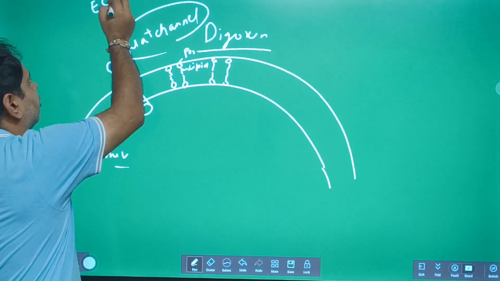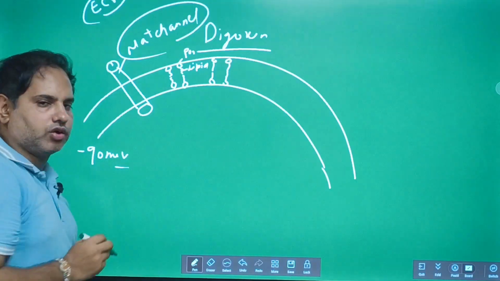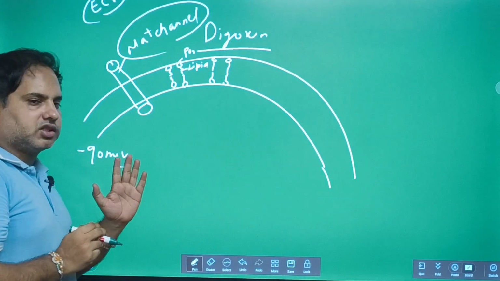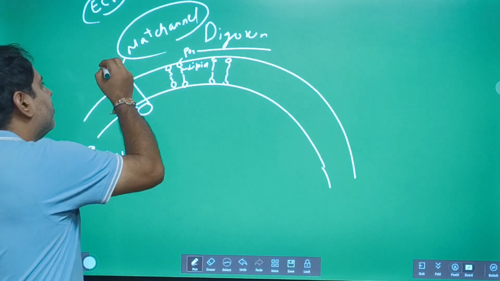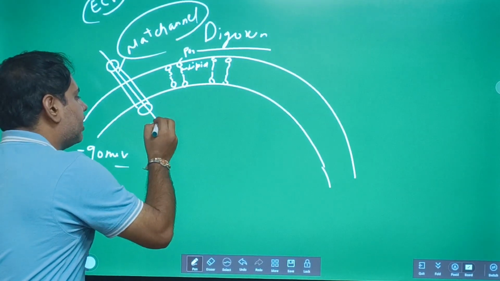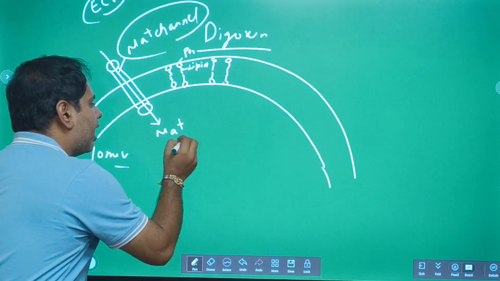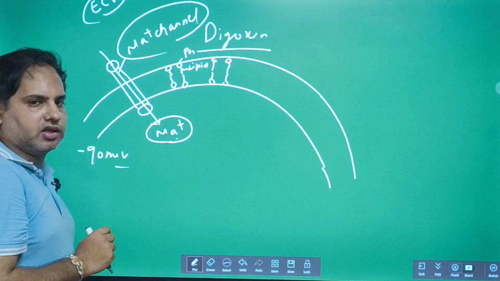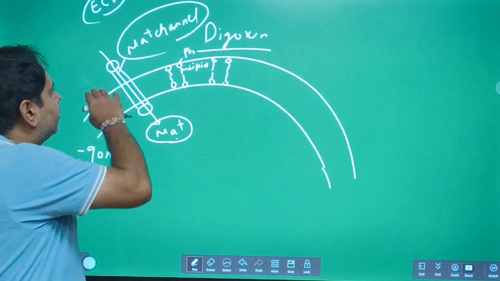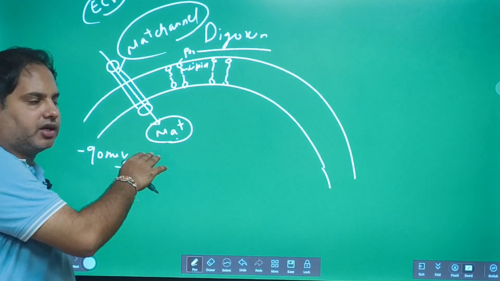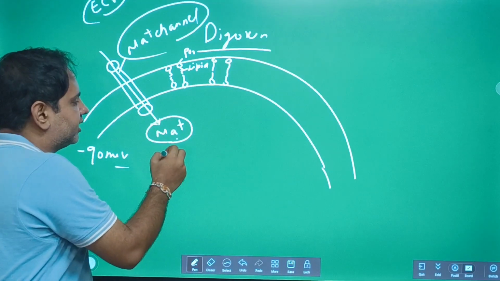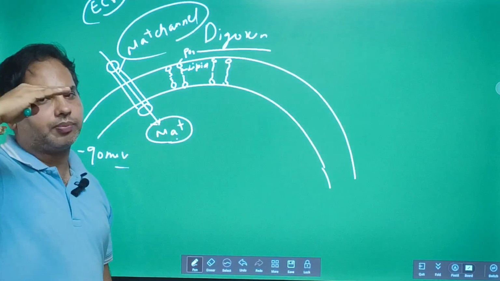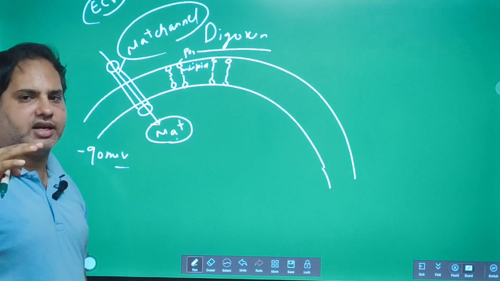This is the extracellular fluid. This is your intracellular part, meaning inside the cells. Now whenever there is any stimulus, there is a movement of ions. Sodium ions will move with the help of channels, and that channel we call sodium channels. The movement of sodium will happen from extracellular to intracellular, so sodium will move inside the cells. Then, as we discussed in the last video, when the action potential reaches the threshold point, there is a movement of calcium ions as well.